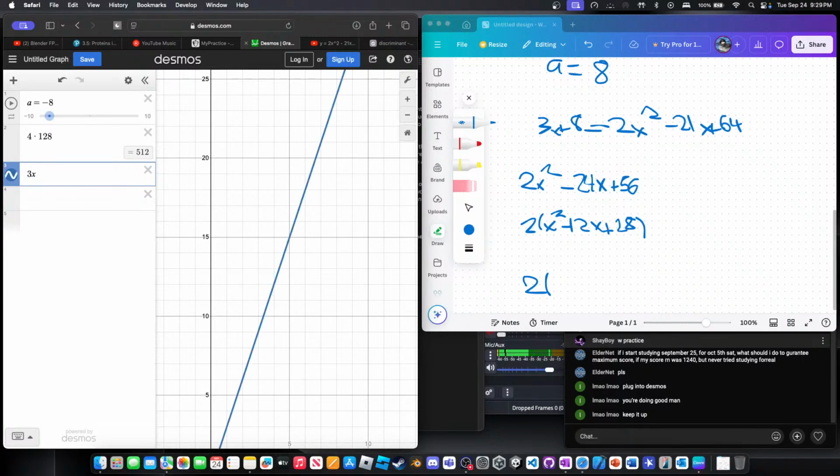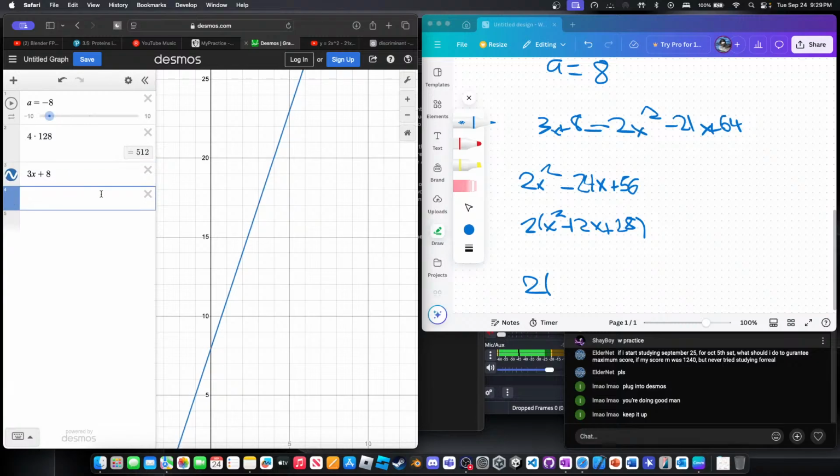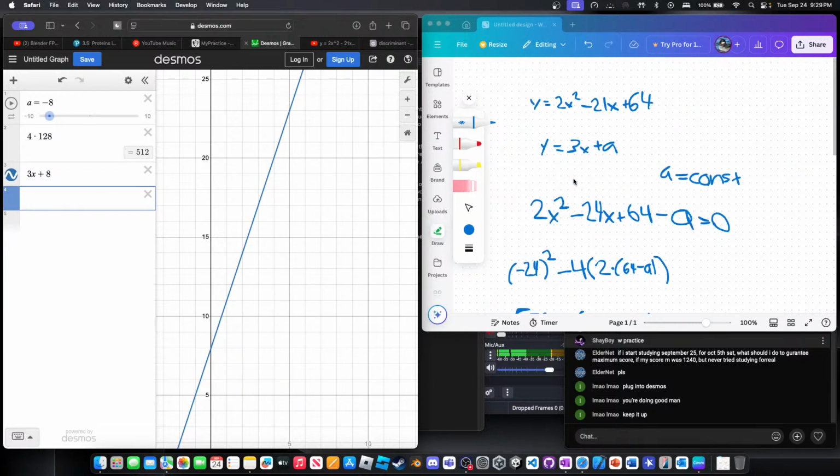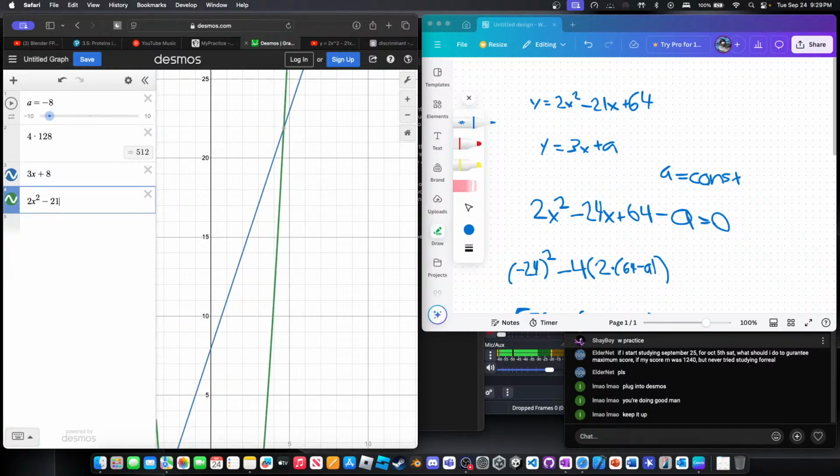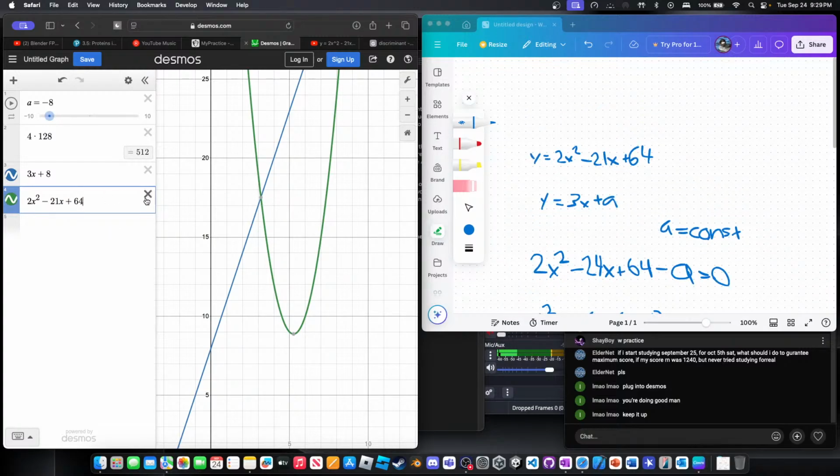Okay, so now, 3x plus 8, and then, here we go, guys. 2x squared minus 21x plus 64. What?